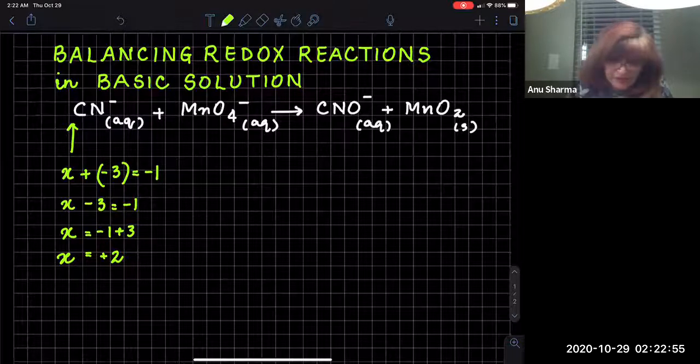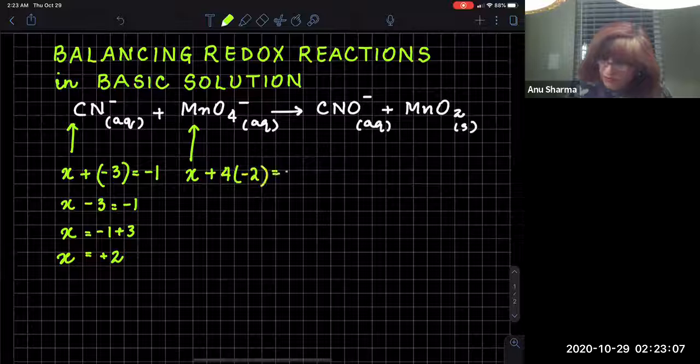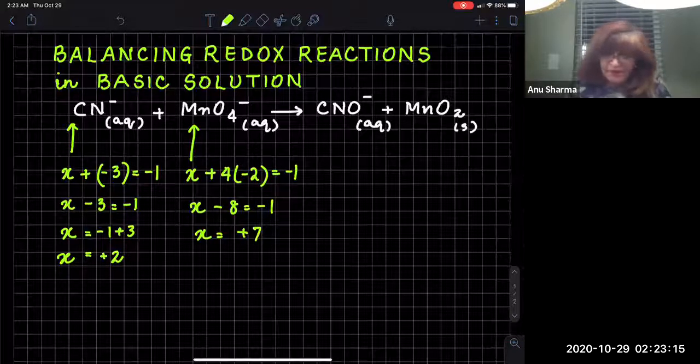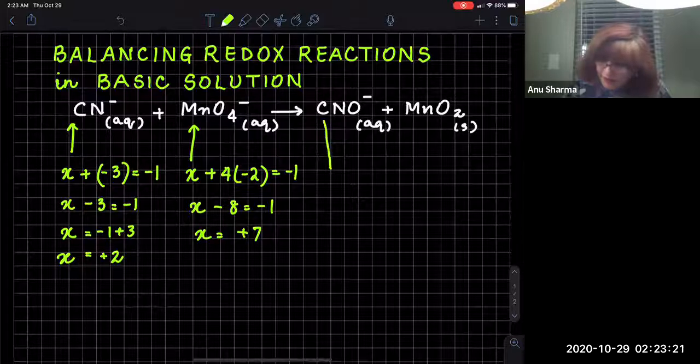Next is look at manganese. In this case, let us say we do not know for manganese, but we know for oxygen. So manganese is X plus 4 times -2 is equal to -1. X minus 8 is equal to -1, X is equal to +7. Now here, again, let us assume that we don't know carbon.